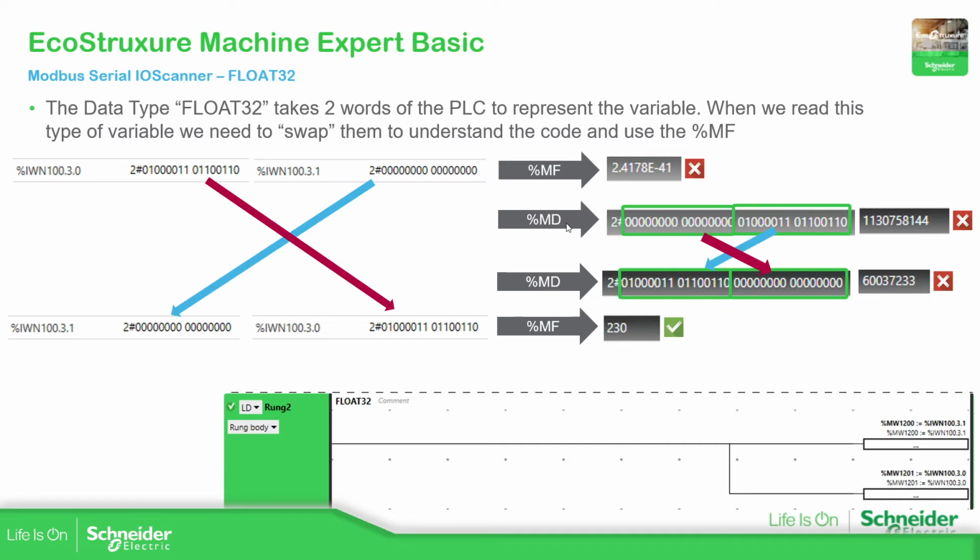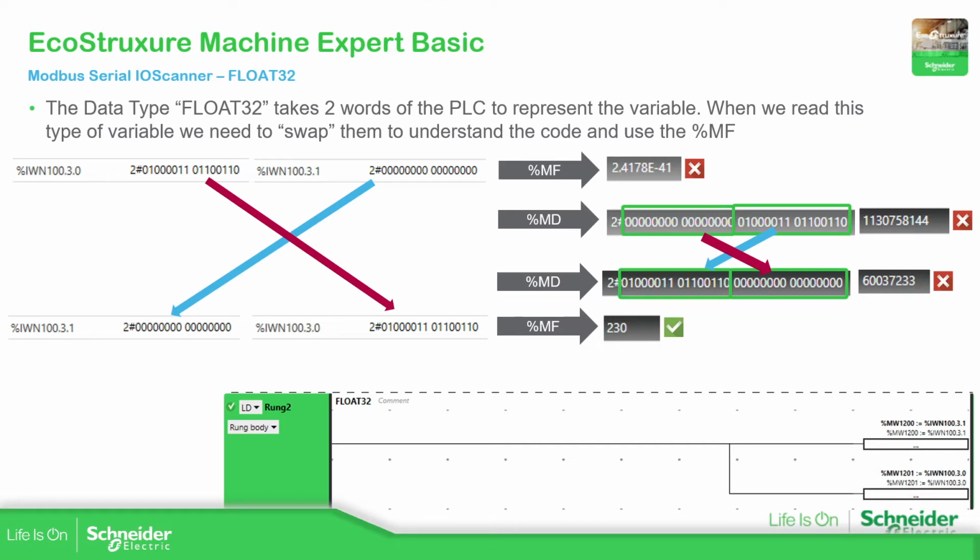And if we share the %MD, as you can see, it is something else. Even if these two share the same bit position, how the system interprets %MD and %MF is totally different. That's why we need to be careful. And if we want to share this float 32 variable, we just need to specify the %MF. Otherwise, we're going to have something else.